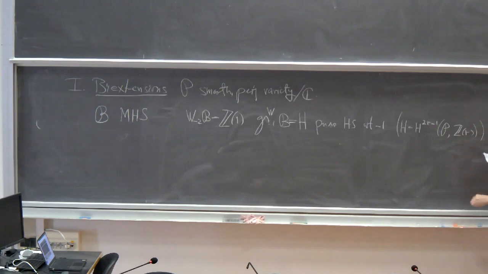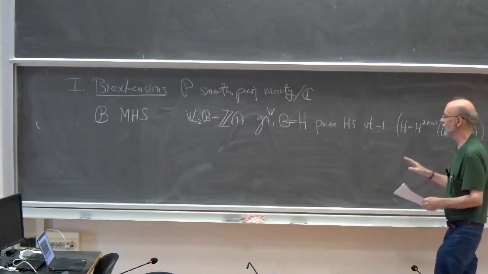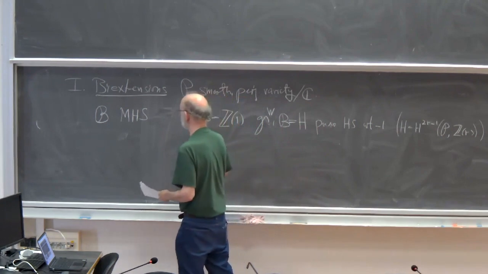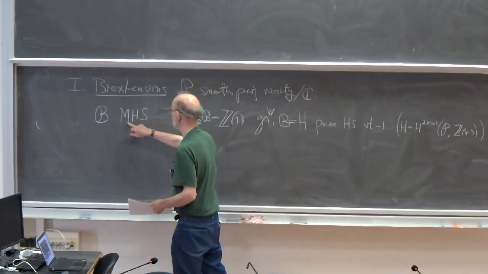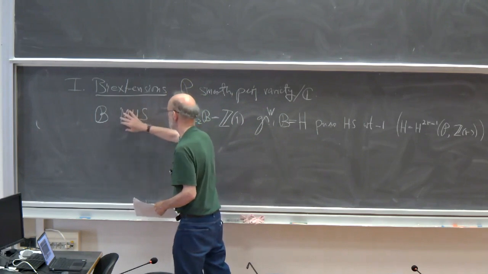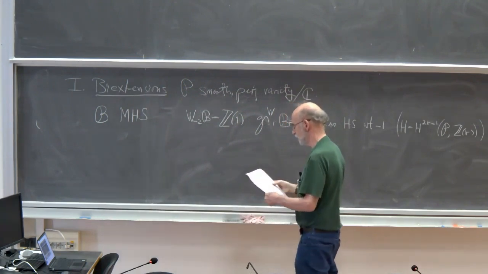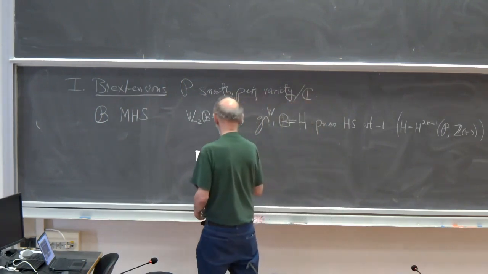So that's a quintessential weight minus 1 Hodge structure that we have hanging around. So I emphasize, I confused myself a minute ago. So let me emphasize for you. Here I mean a mixed Hodge structure, not a family. I'm not talking about a family. I'm just talking about one mixed Hodge structure.